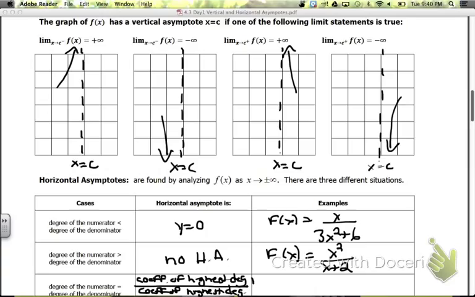So an example of this is f(x) = say, 2x squared plus 4 all over 3x squared. So we just take our coefficients, 2 and 3, of our highest degree to find our horizontal asymptote. Therefore, our horizontal asymptote in this case would exist at y = 2/3.